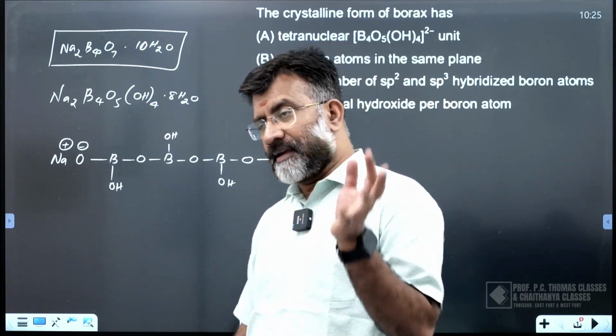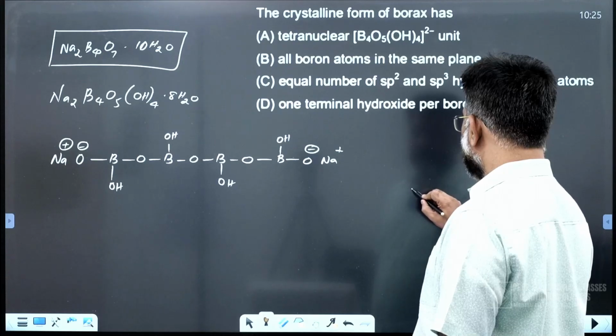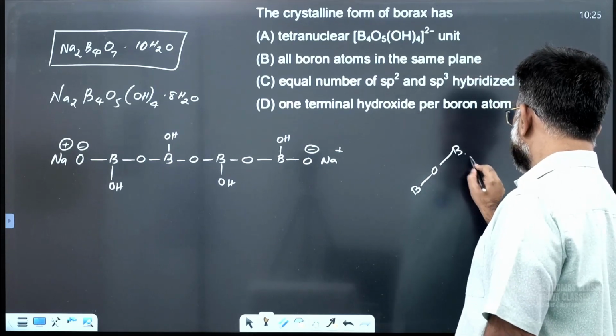It's giving a cyclic system of arrangement, and the original structure we can understand this way. This is the structure of borax in fact.